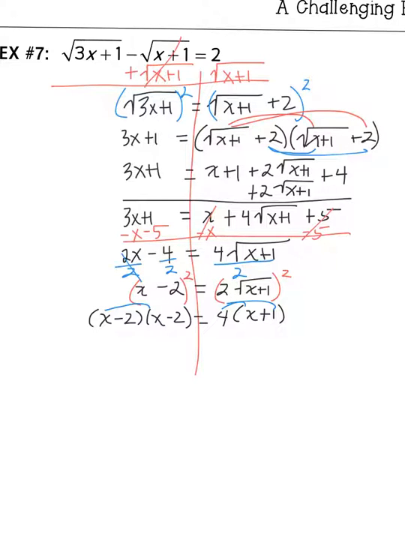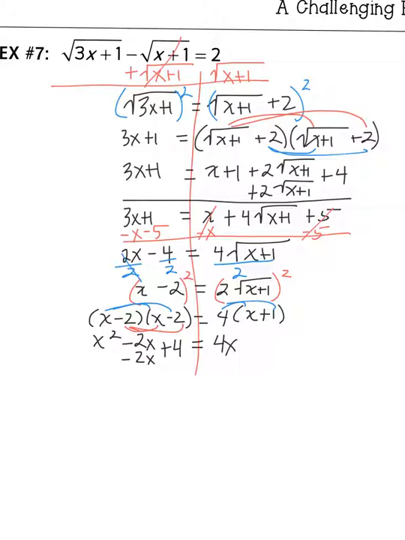X times x is x squared. X times negative 2 is negative 2x. Negative 2 times x is another negative 2x. And then negative 2 times negative 2 is a positive 4, equals 4 times x is 4x.